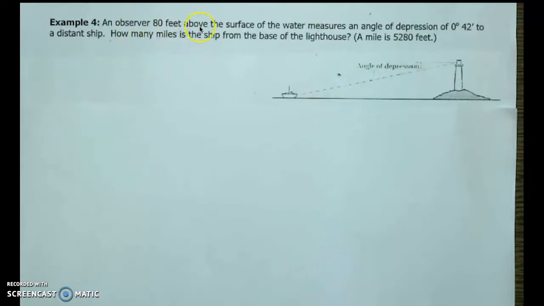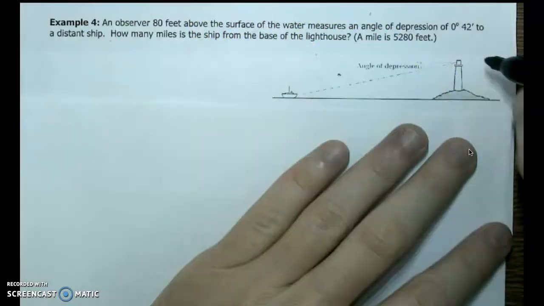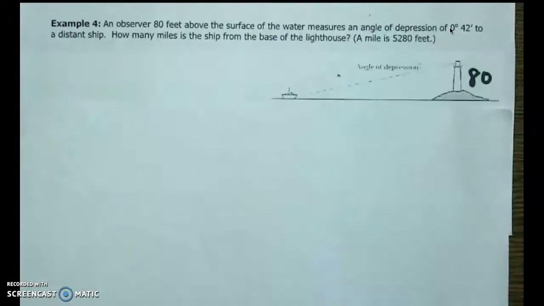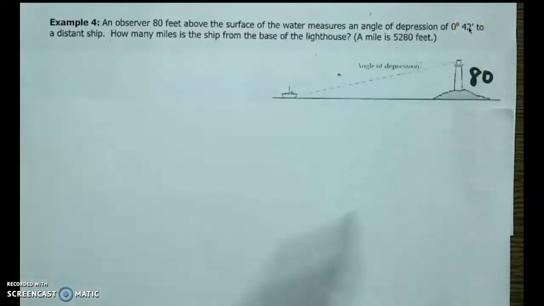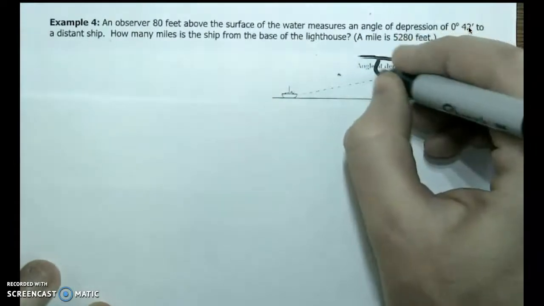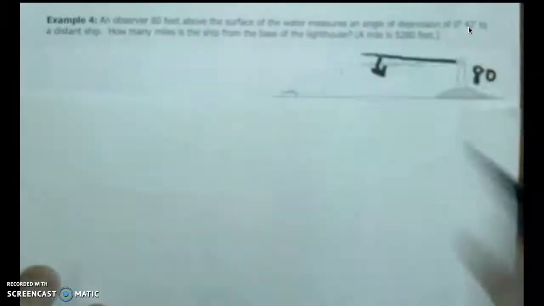An observer 80 feet above the surface of the water, so that is up here in the lighthouse. This is your 80 feet. So the picture is already drawn. Angle of depression is 0 degrees 42 minutes, and they went ahead and marked that. So that's up here, that angle there.